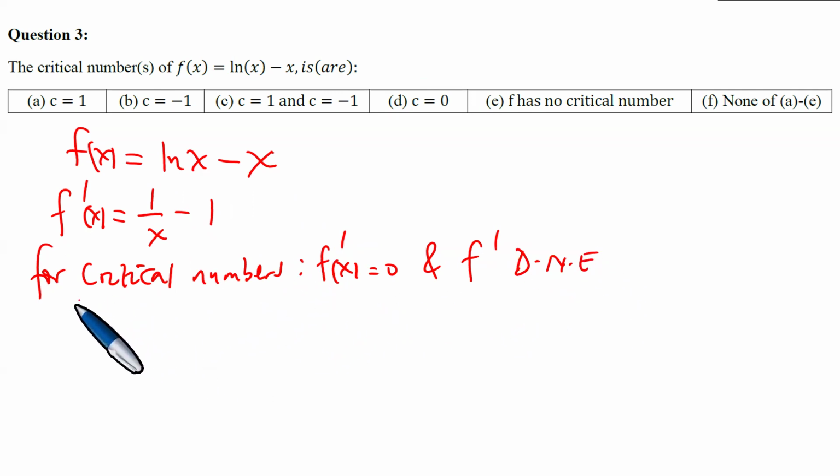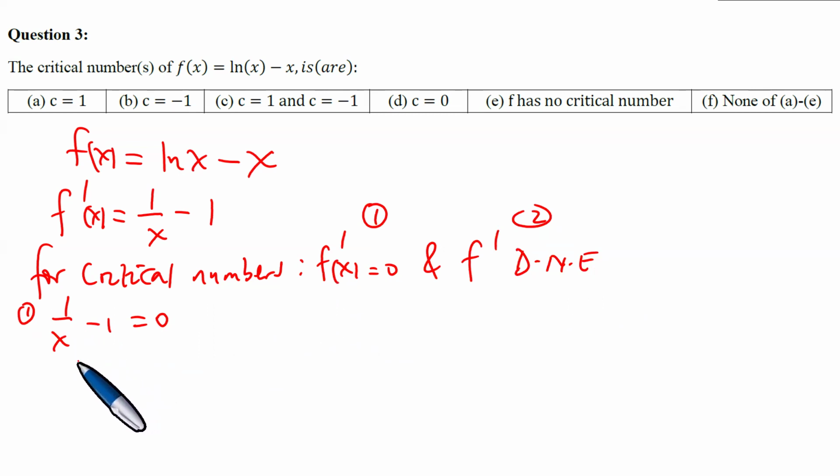We're going to call this part 1 and part 2. In part 1, we have 1 over x minus 1 equals 0, so 1 over x equals 1, and this means x is 1.